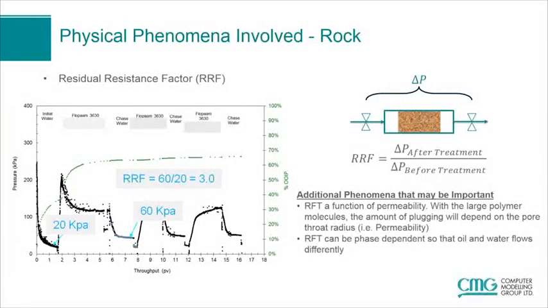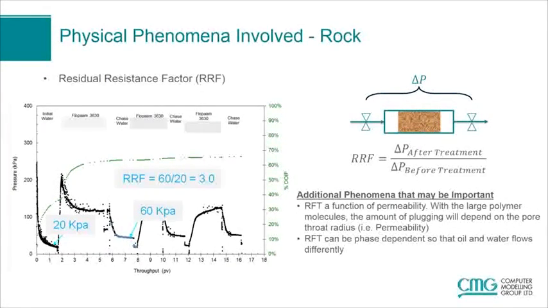Now, additional phenomena that could be important: the RRF is a function of permeability, and the reason for that is that the polymer molecule is typically quite large, so the amount of plugging will depend on the pore throat radius, because these large molecules cannot flow through the smaller pore throats, and pore throat radius is proportional to permeability.